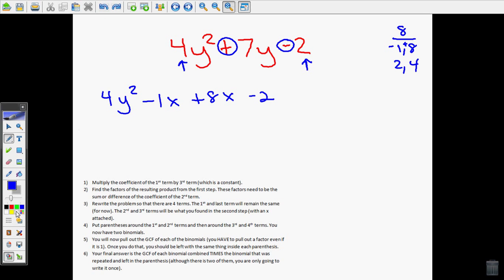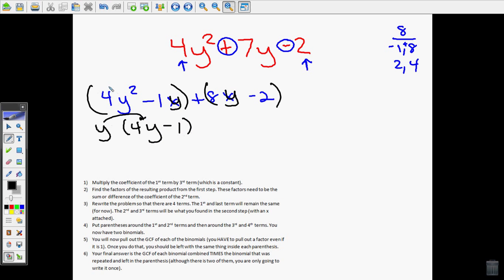All right, now I'm going to put parentheses around the first and second terms, and then again around the third and fourth term. And I want to factor them out, I need to pull out the greatest common factor. So the greatest common factor for this first one is simply going to be y. And on the inside, that leaves me with 4y minus 1.